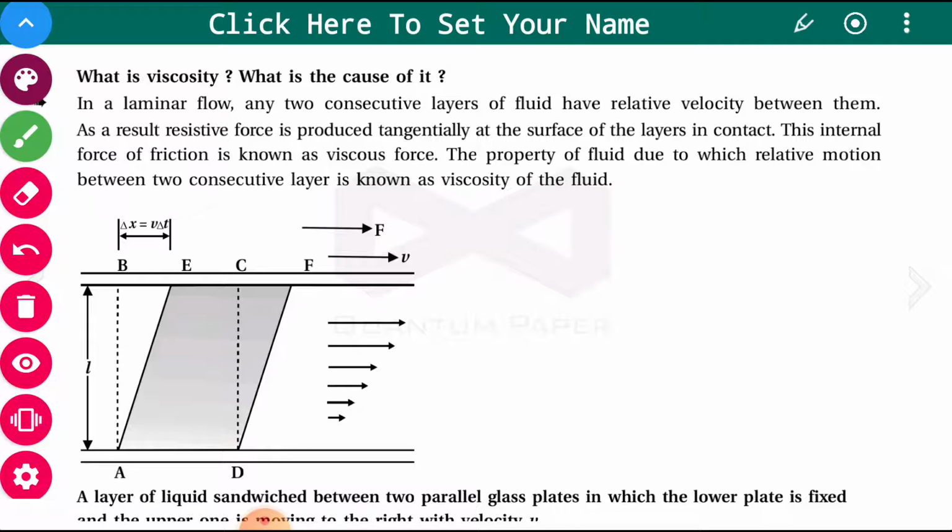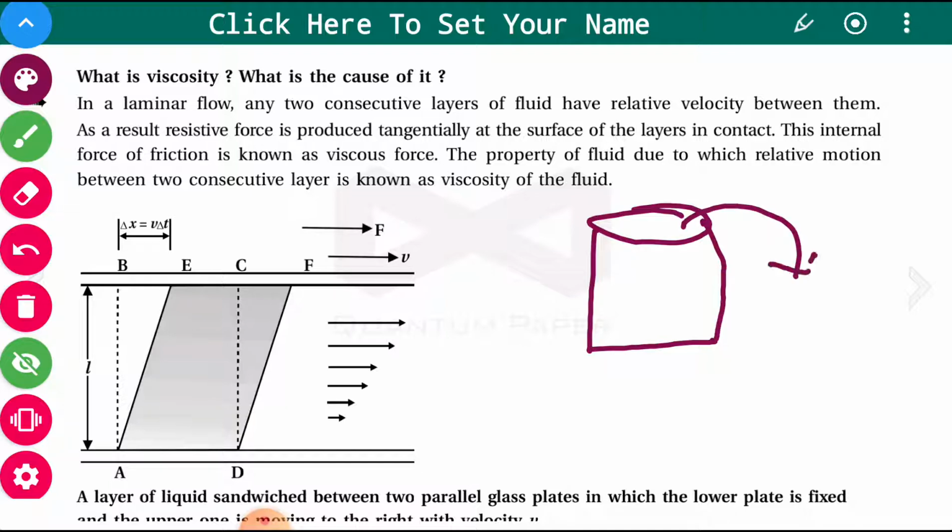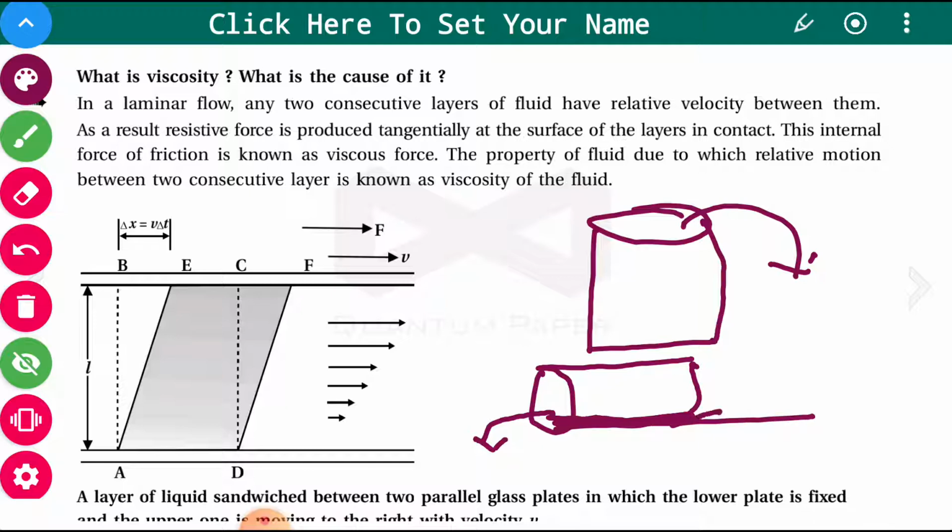Say, for example, you have a bottle which contains honey. If you are pouring the honey from the bottle, tilting the bottle like this, the honey will come out, but the layer in contact with the bottle is stationary.